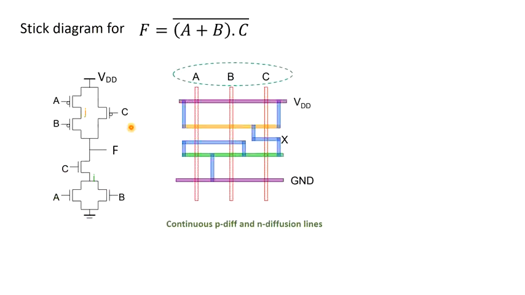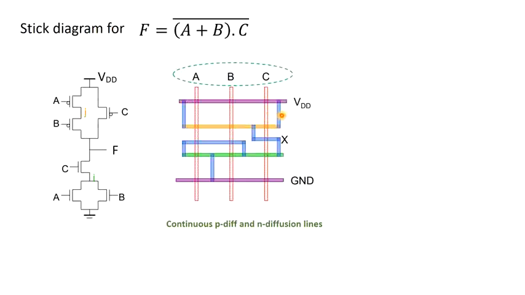Its stick diagram will look something like this. Here it is VDD, ground, P diffusion, N diffusion, A, B, C, three polysilicon lines. Where this polysilicon line crosses the diffusion, it will form the transistor. So PMOS A, PMOS B, PMOS C, NMOS A, NMOS B, NMOS C.